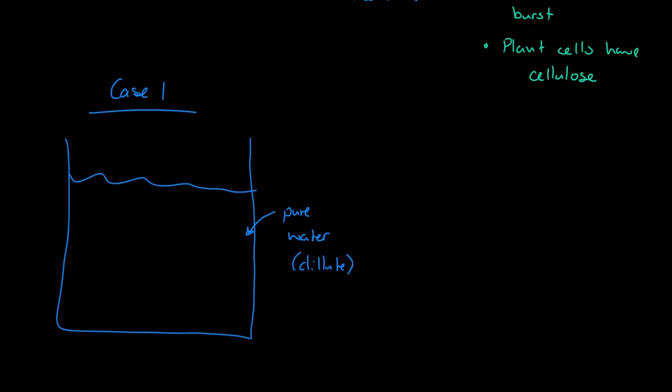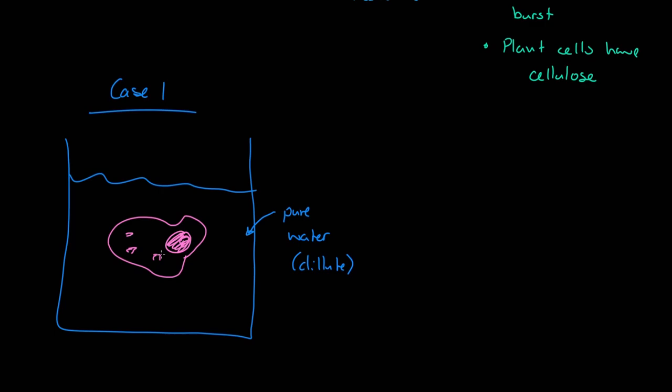But let's also assume that inside that water we've got some kind of animal cell. So again we've got the nucleus in there, maybe we can see some mitochondria. But the point is that cell is in there.